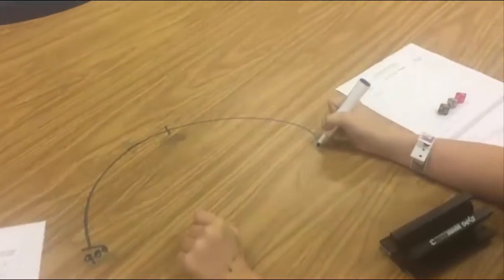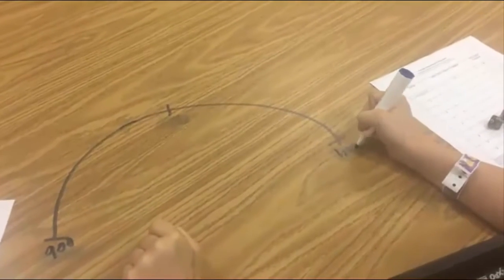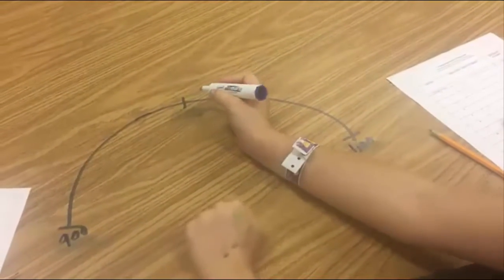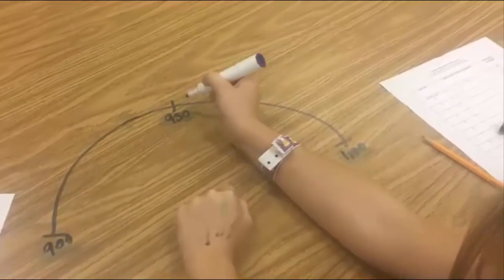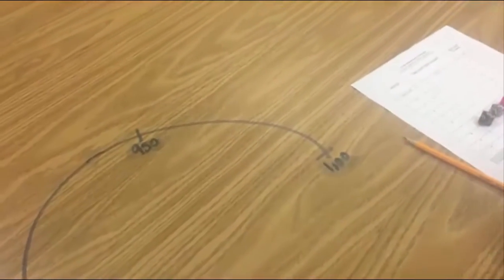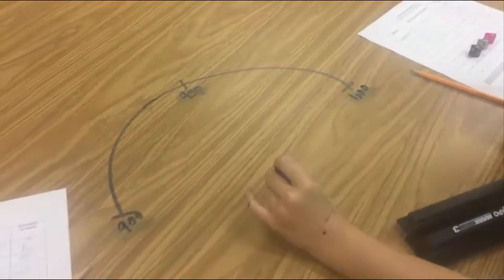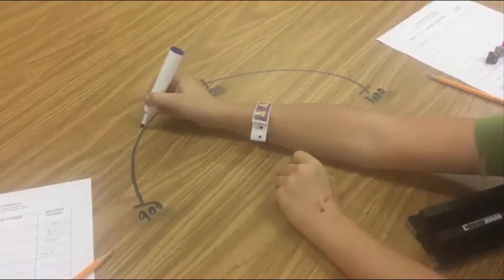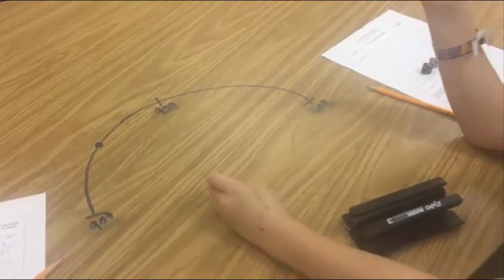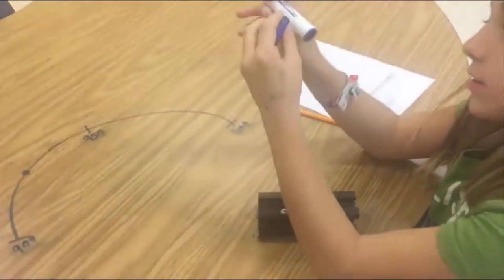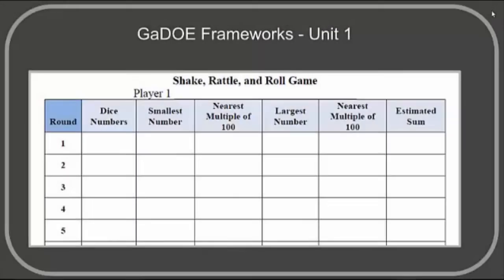And what is the midpoint between 900 and 1,000? 950. So where would 930 fall on your number line? About right there. And it would round to, what's the nearest 100? 900. That's right.